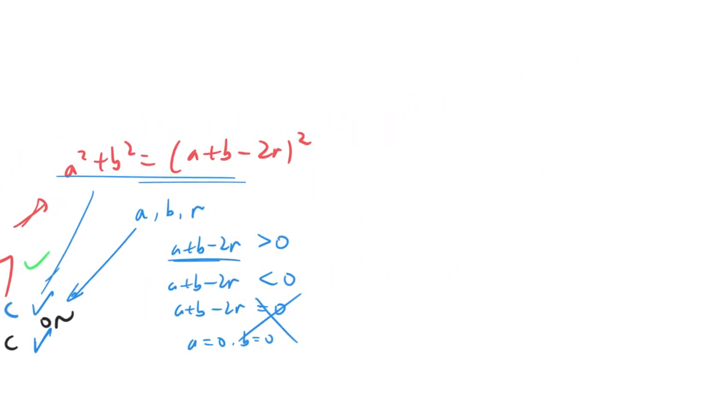And so if we rewrite this a little bit, we would see that this is ab minus 2ar minus 2br plus 2r squared, and this is going to be equal to 0. And so we have a minus 2r times b minus 2r is equal to 2r squared, right?